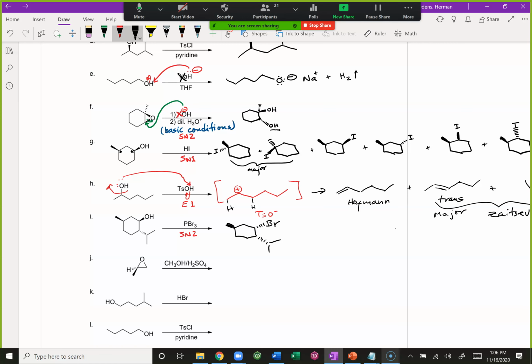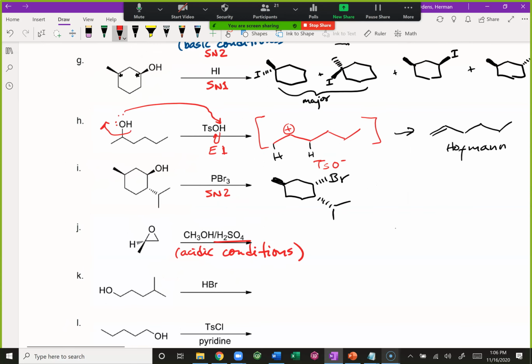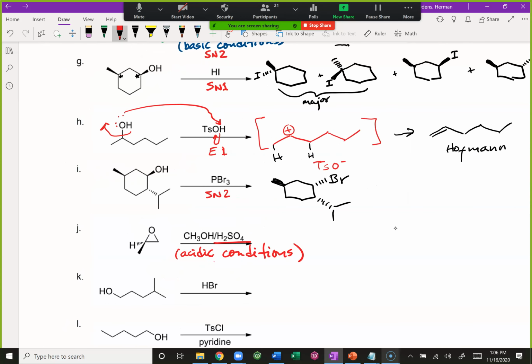All right, next is a ring opening of an epoxide under acidic conditions. So this is acidic conditions. This is a pure SN2 borderline, right?